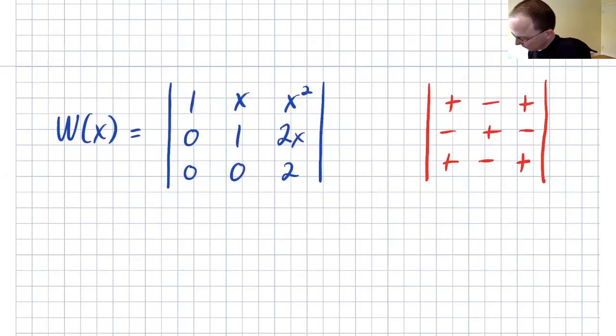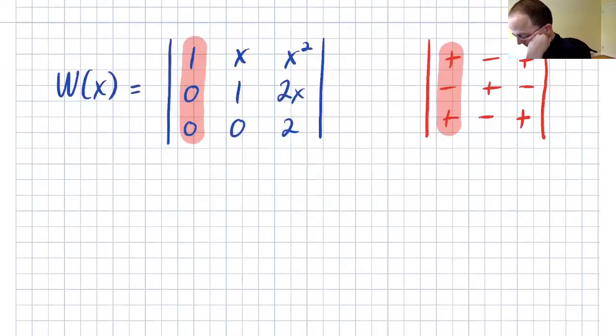Now I think a good one to use is maybe the first column here. That'll be nice, so we'll use this column and do the cofactor expansion.